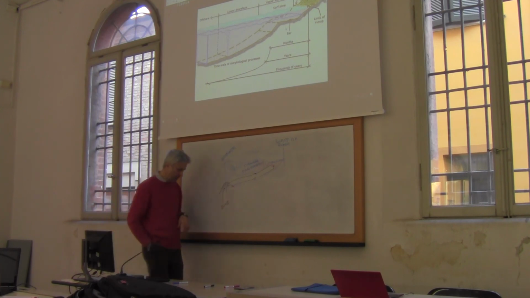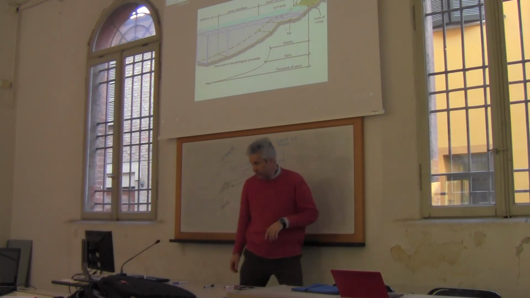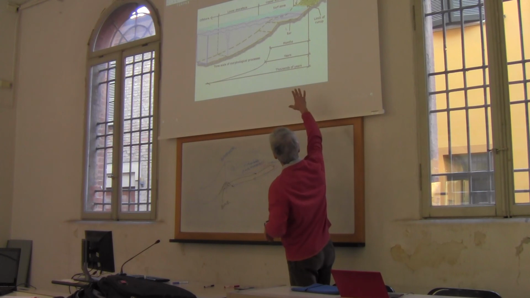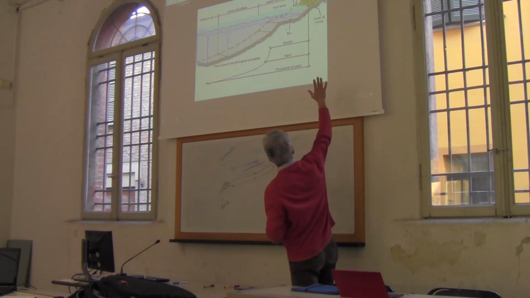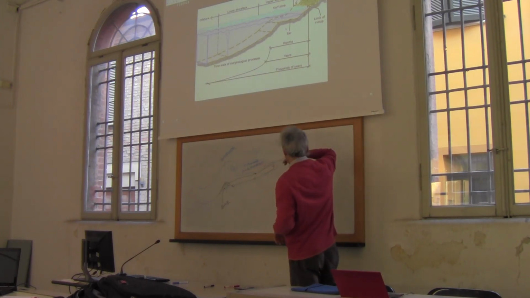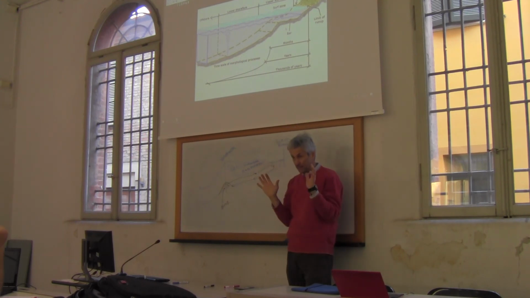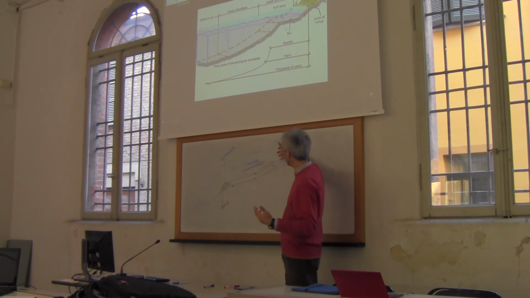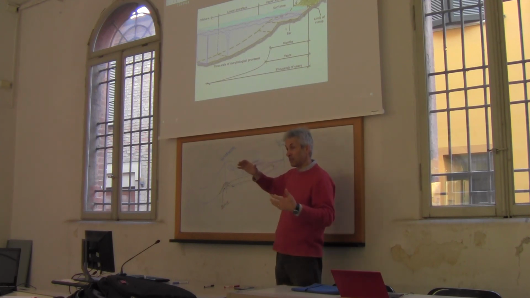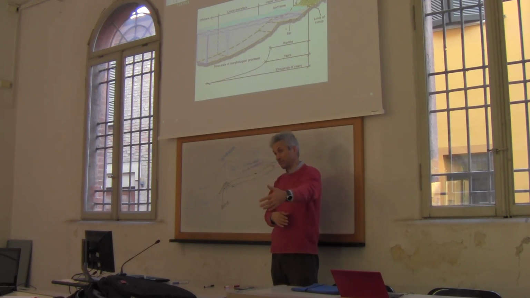Okay? Then, if we look up the limit of the run-up, we see that at the limit of the run-up, which is seasonal again, there is the position of sediments. Because sometimes we have gravel that reaches the limit of the run-up, which doesn't go back.